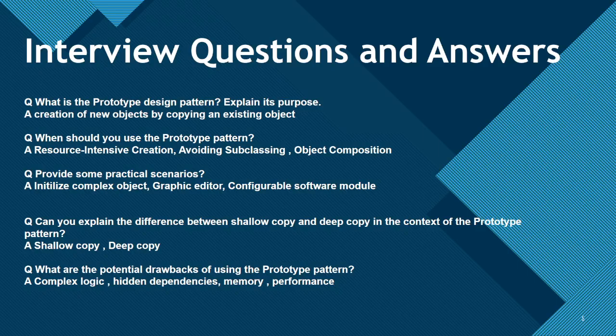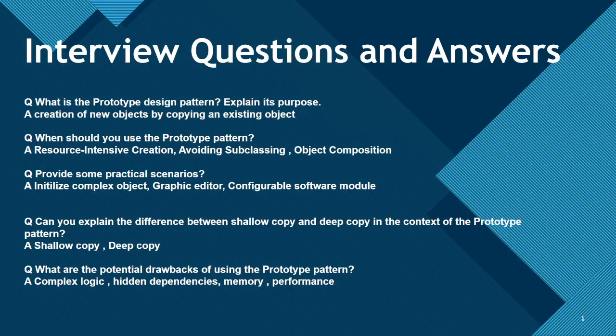This means that changes to the shared object will be reflected in both the original and the cloned object. On the other hand, in deep copy, the cloned object is a new instance, and all the objects it references are also recursively cloned. This ensures that the cloned object and the original object are completely independent of each other.